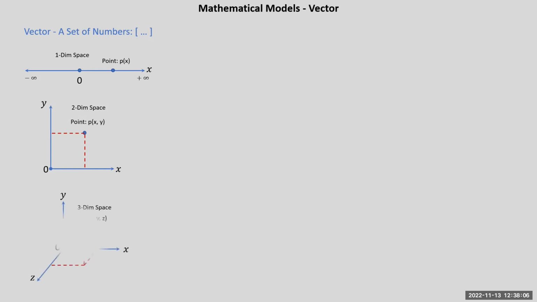Now the same concept can be extended to three-dimension space which needs three coordinates, x, y, z. And the same concept is extended here by joining a point with origin, which will give the distance r and angle theta with respect to x and z plane.